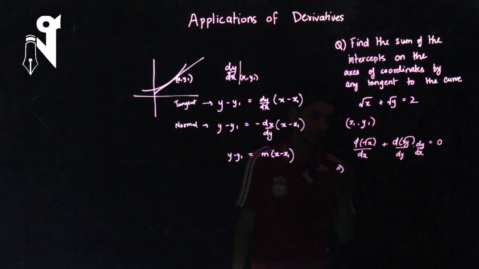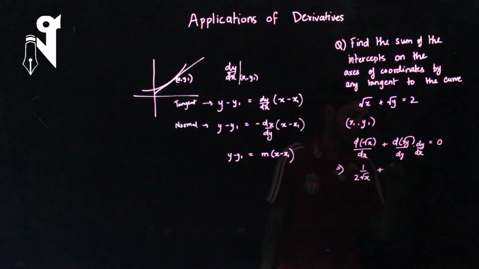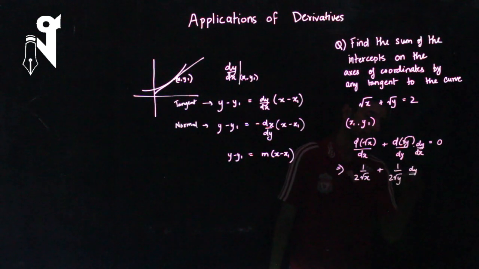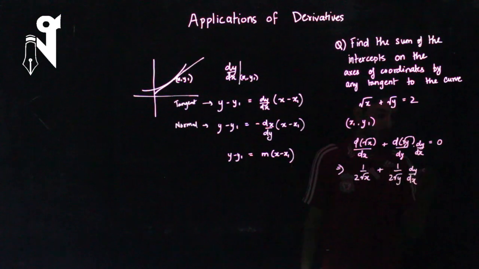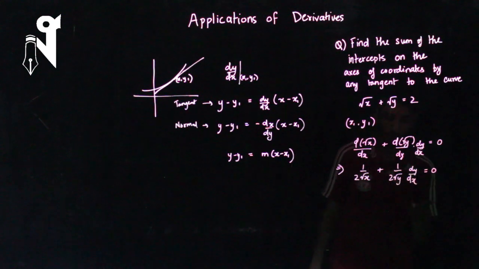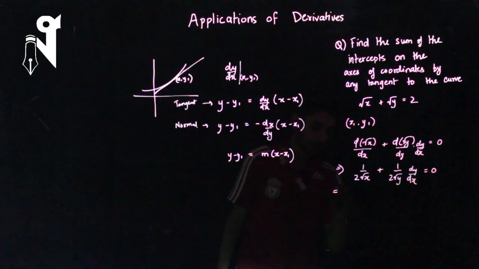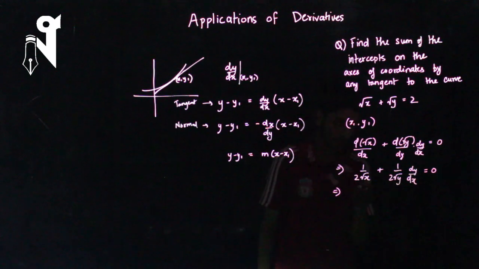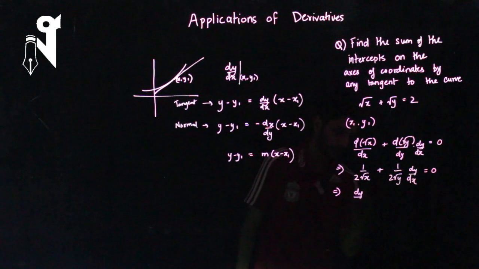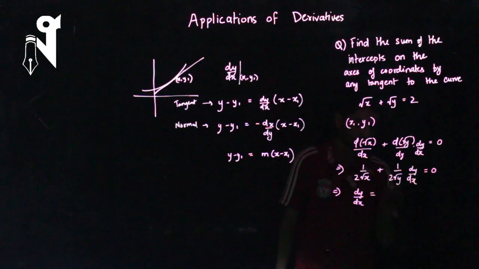So what I have is 1 by 2 root x plus 1 by 2 root y times dy by dx is equal to 0. This gives me the derivative. So now I have the derivative in terms of x and y. Basically dy by dx will be equal to minus root y by root x.